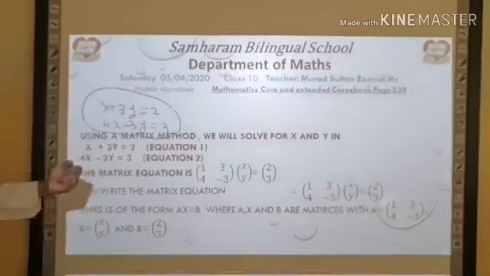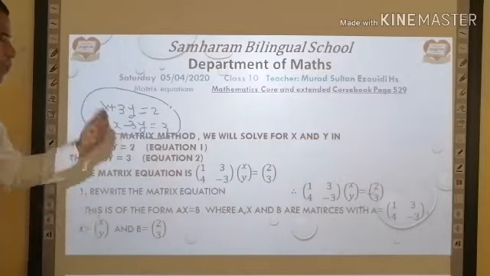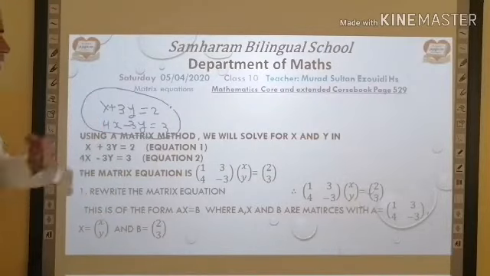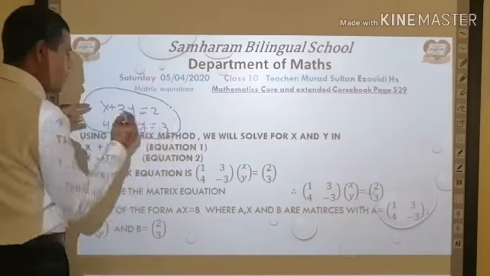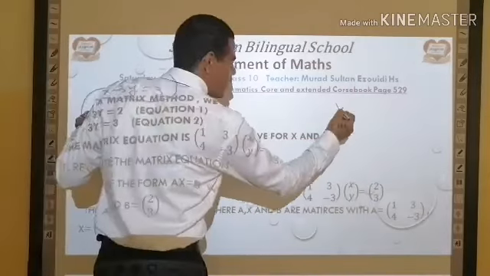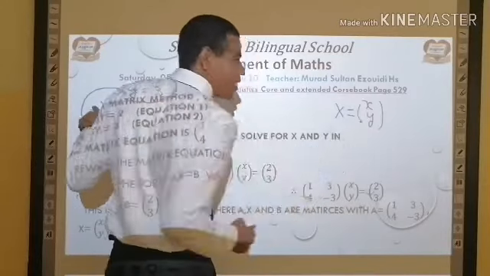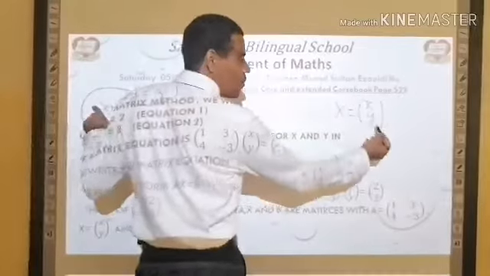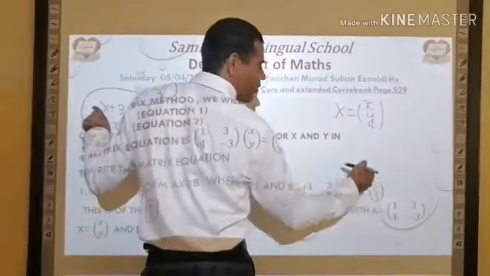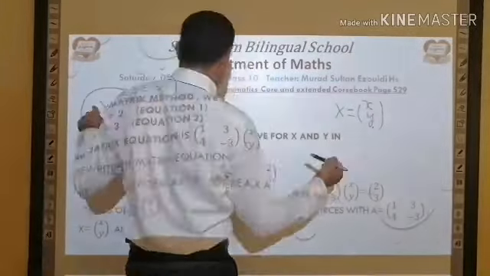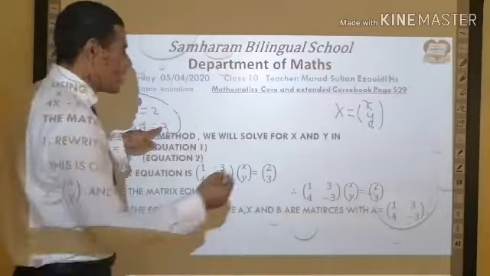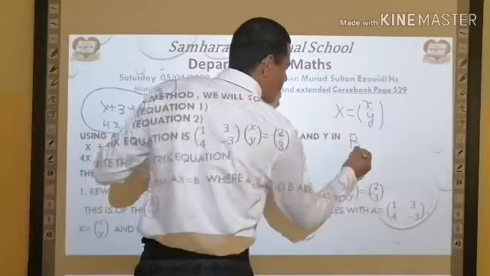Simultaneous equations. I will try to write them as a matrix equation. I will label x as a column vector, x, y. This is a matrix of 2 by 1, 2 rows by 1 column. Then 2, 3, I will write also as B.